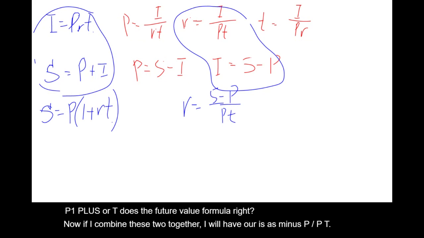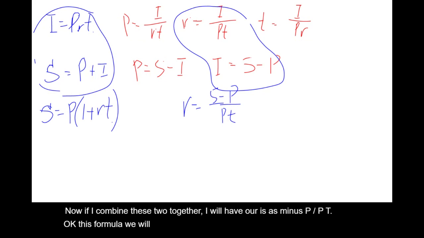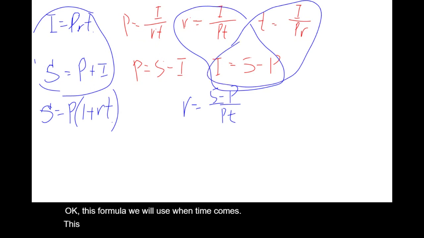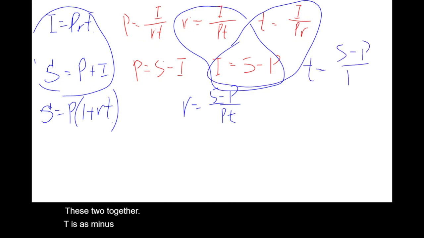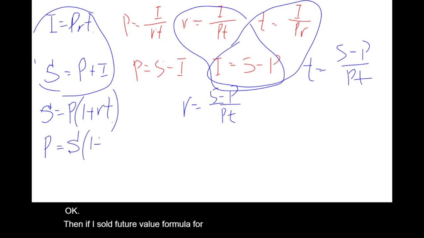Okay, this formula we will use when time comes. These two together, T is (S minus P) over PT. Then if I solve the future value formula for P, I will have the present value formula.